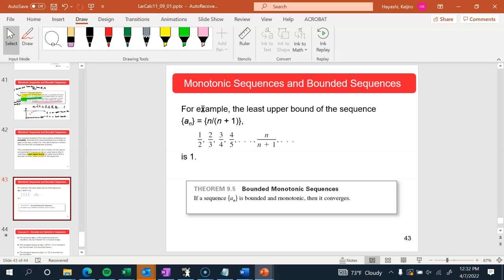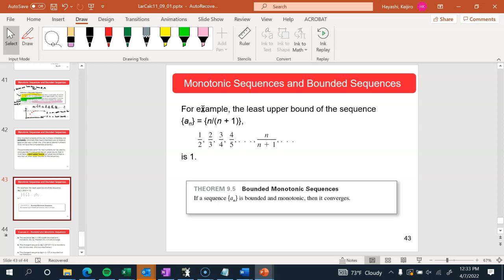Those numbers are always going to be less than 1. Of course, as you go, they're going to be less than 1 by increasingly smaller and smaller amounts, but they will all be less than 1. And 1 is the lowest number that all these terms are going to be less than.